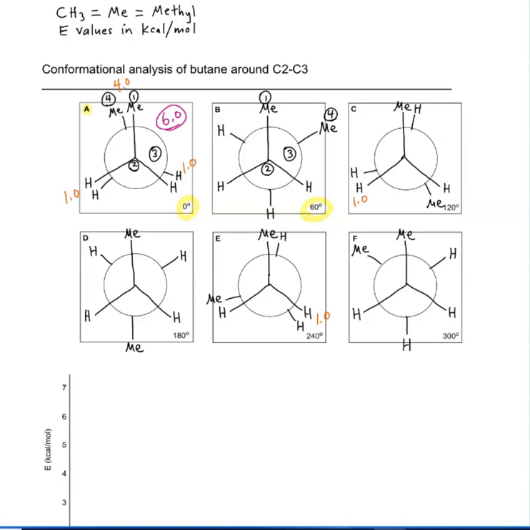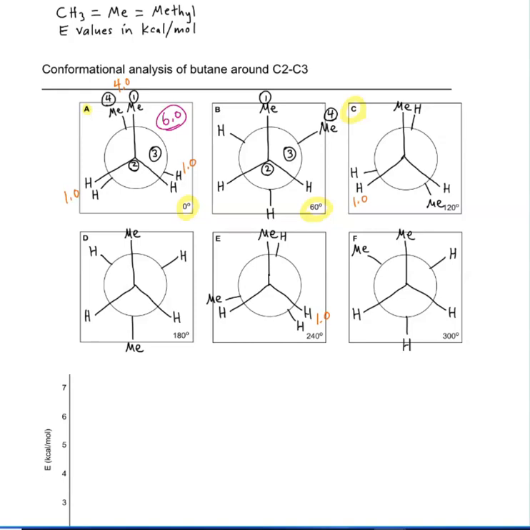Okay, so let's see if we can find some other eclipsing interactions. Okay, we'll skip over B because that's staggered, but we're going to come back to that. Let's look at structure C. Okay, so we have a hydrogen-hydrogen eclipse, which we've already labeled with its energy, and then we have a pair of methyl-hydrogen eclipses.